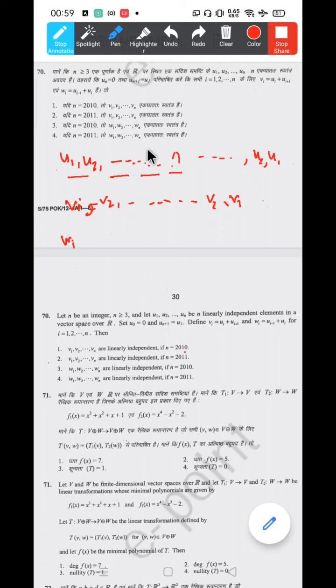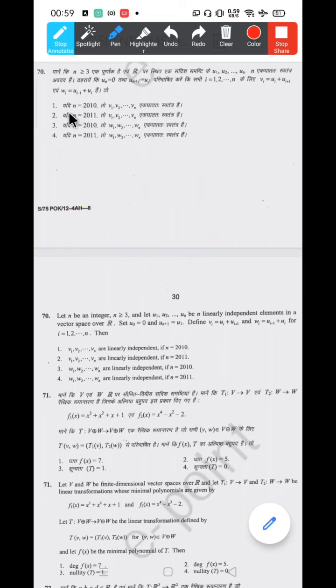Let us see. What will be my V1, V2, V3? Correct. What is my V1? That is U1 plus U2, U1 plus U2, and it will be U2 plus U3, U3 plus U4. Can you see that if I subtract this through, then I will get U1, U3?